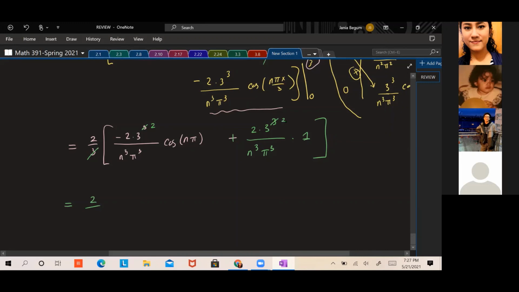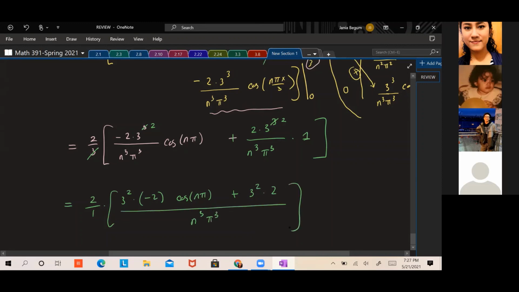You guys follow? So I can factor out 3 cubed and reduce it with the 3 from the bottom. I'm left with 2 over 1 times 3 squared times negative 2 cosine of n pi plus 3 squared times 2, and everything over n cubed pi cubed.